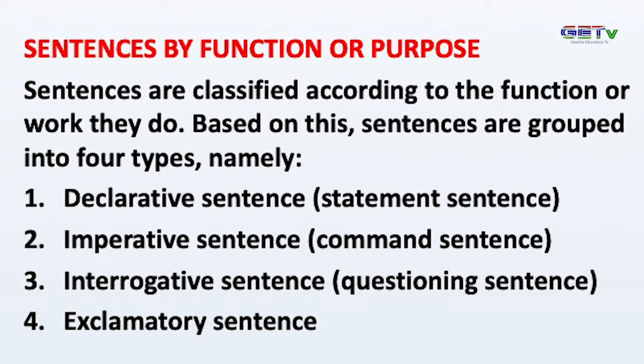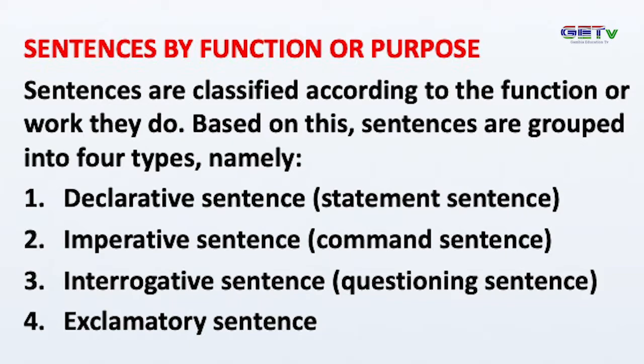Sentences by functions or purpose. Sentences are classified according to the function or work they do. Based on this, sentences are grouped into 4 types. What are they? You can see them on the board.